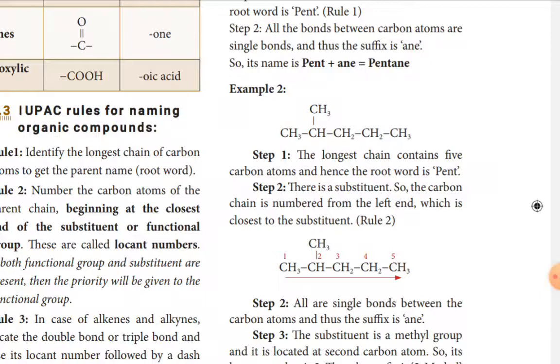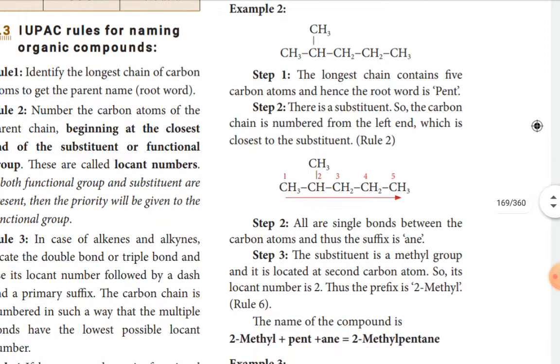So we have to number the carbon atoms from the left hand side. Here only single covalent bonds exist between the carbon atoms. Single bond means saturated hydrocarbon, saturated compound. Saturated compounds end with ANE. The suffix is going to be ANE. And we have to check whether there is any substituent or functional group. There is a substituent on the second carbon.